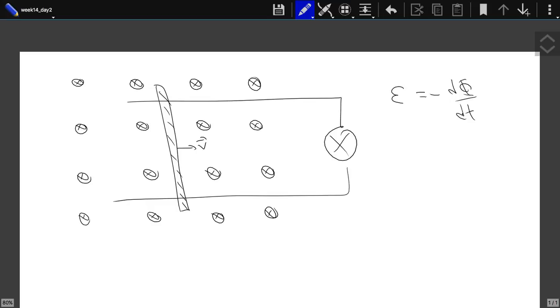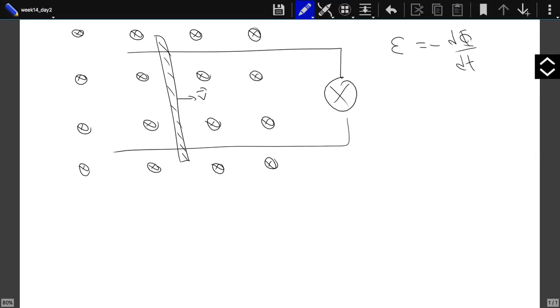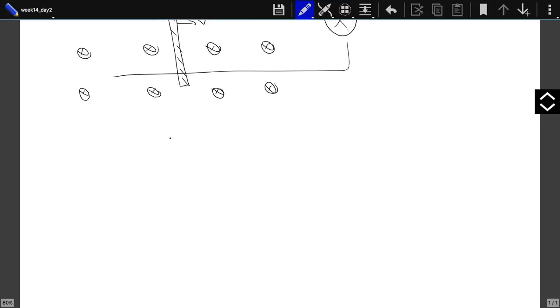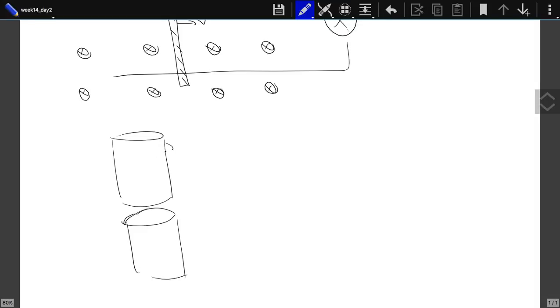So suppose you have, let's say, what creates this magnetic field? Well, we can assume a solenoid. Just take a solenoid with some gap. Wrap them with wires.